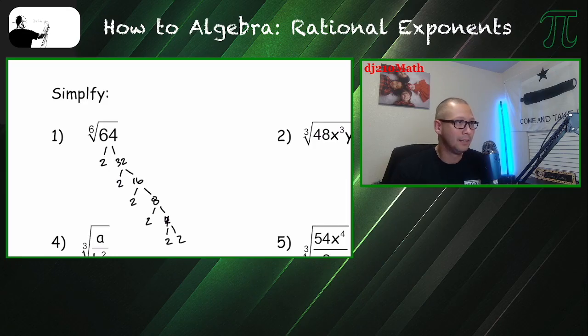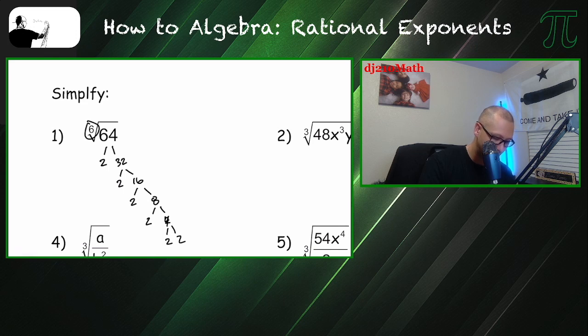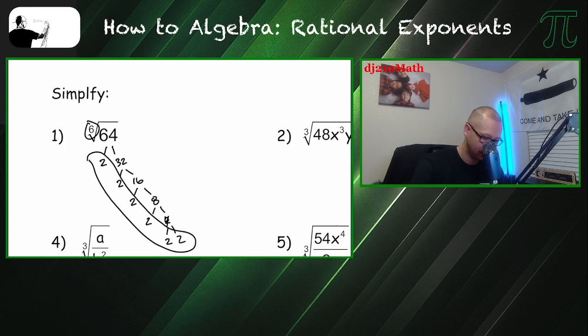So essentially, this is going to be 6 2s. Because it's a 6th root, I want to group together 6, and I can pull that out of the radical as a single 2. So what this is saying is the 6th root of 64 is going to be just 2.